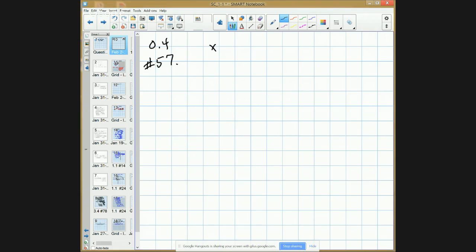Okay, so the problem is x cubed minus 3x squared minus 6x minus 2 is equal to x plus 1 times what? So that's the problem, and we're supposed to use synthetic division to do that.